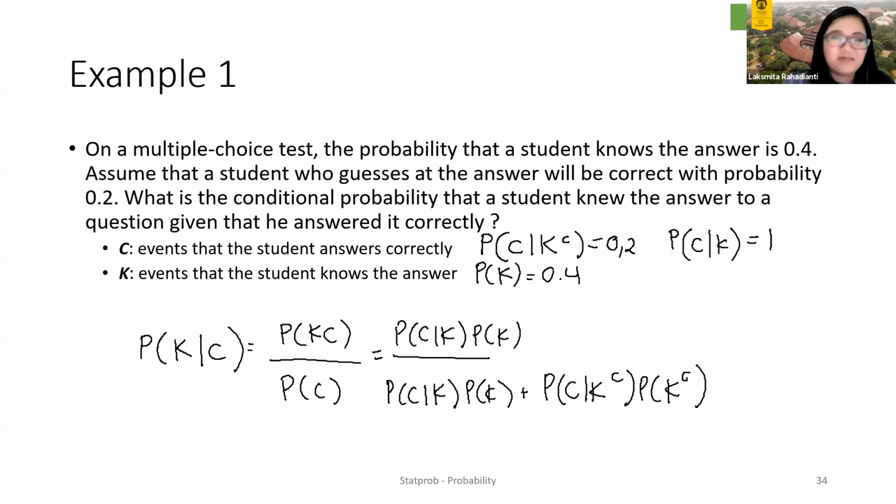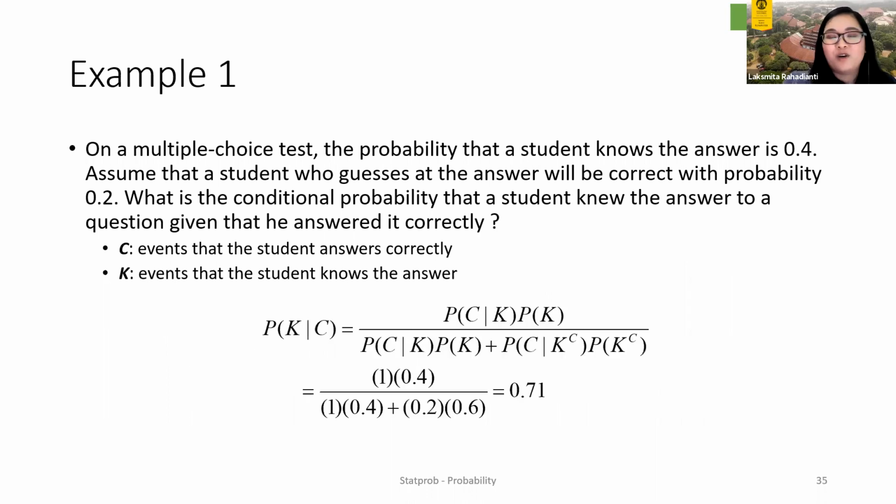That's right, yeah. And in this case, we now can compute the probabilities like that, yeah.